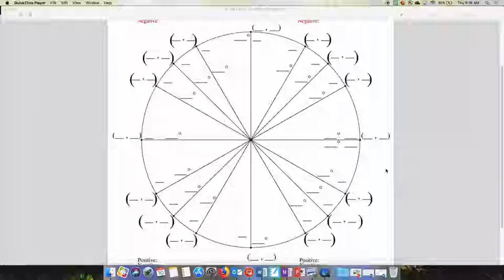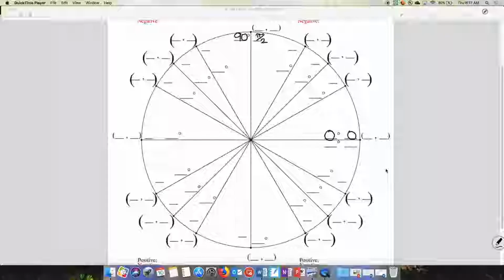So we are going to begin by labeling what we call the quadrantal angles. Those are the angles that are on the axes. Okay? So, how many degrees is right here? 0. And in radians? Okay. Here. 90 degrees or pi over 2 radians.